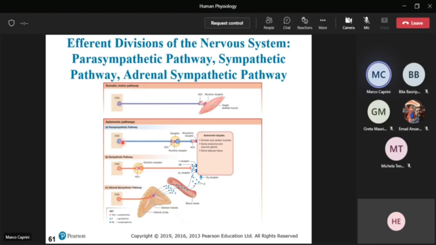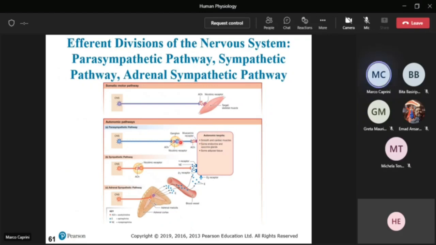From a structural point of view, they have the preganglionic neuron, this one and this one. They start from the spinal cord, and then they have a ganglion outside of the body, and then the postganglionic neuron from the ganglion to the autonomic targets.